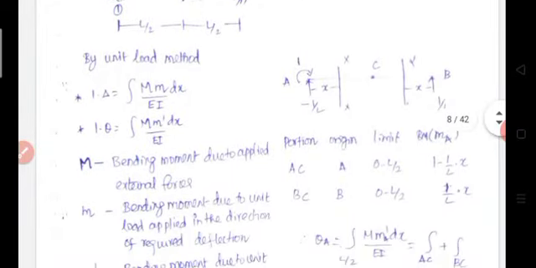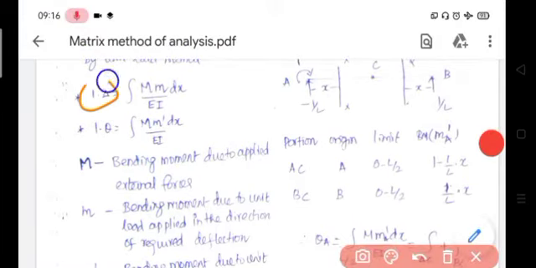In this problem I am using the unit load approach. Under the unit load approach, deflection is equal to the integration of capital M into small m into dx divided by EI.